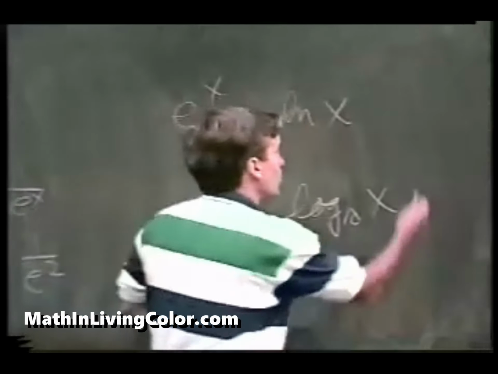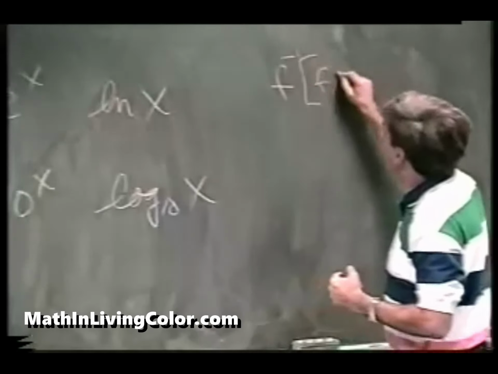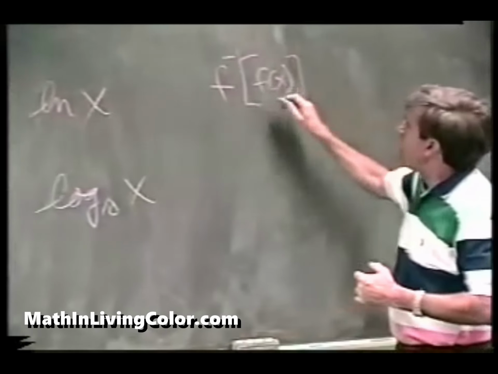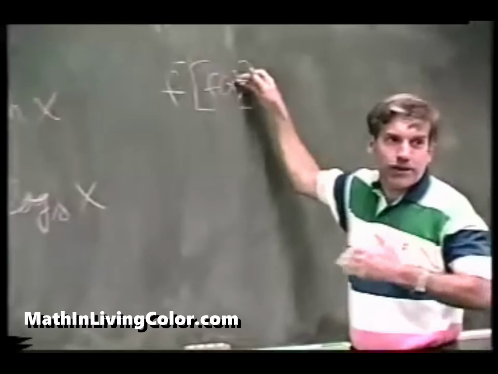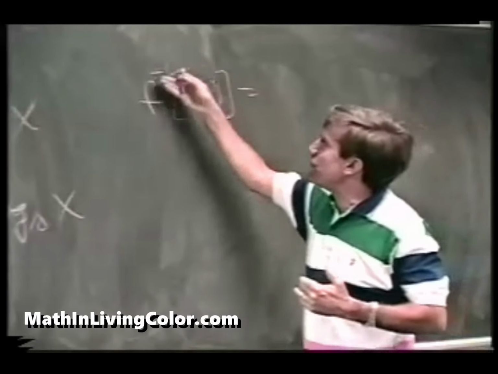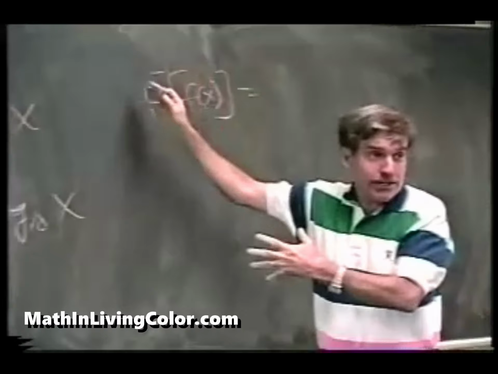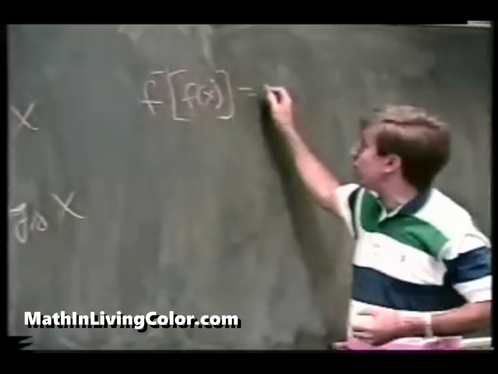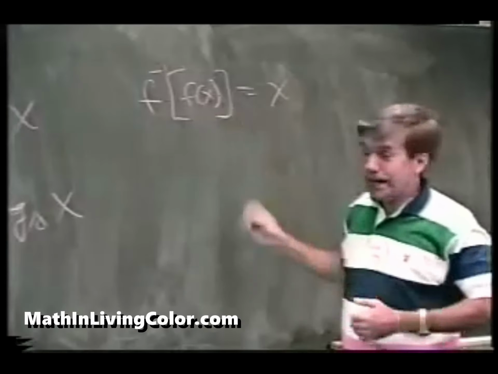Remember, if I said f minus 1 of f of x, these are inverse functions. What's the effect of this f minus 1 on the f? It neutralizes it and returns you with the value of just x. It undoes the f, and that would give you x.